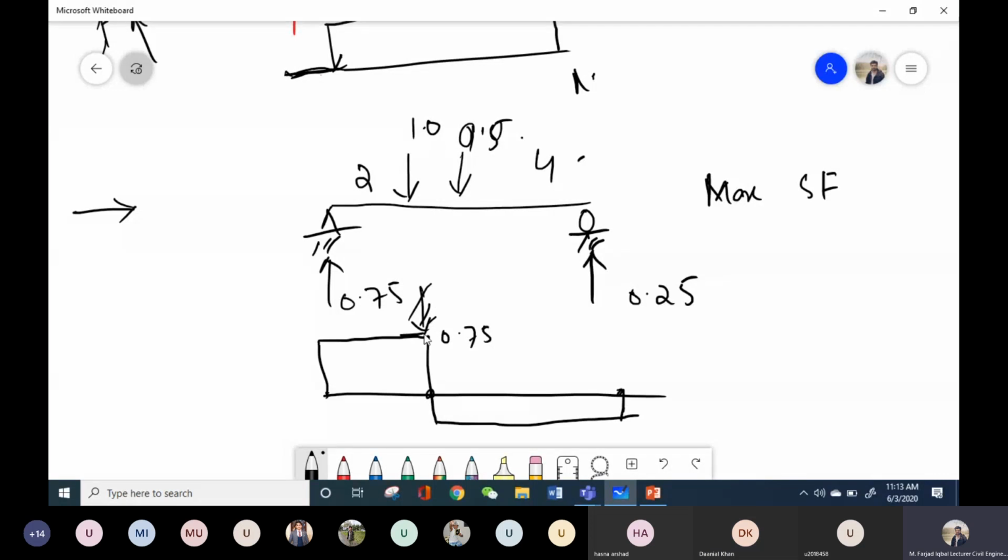Then in this case, at this point, the shear force will come down, and again for this load, again the shear force will come down. So this assumption will also not hold true, because in the case of multiple loads, at which load the shear force will be maximum, again we have to figure that out. So is there any specific point at which the shear force is maximum for this beam? You can think about it.